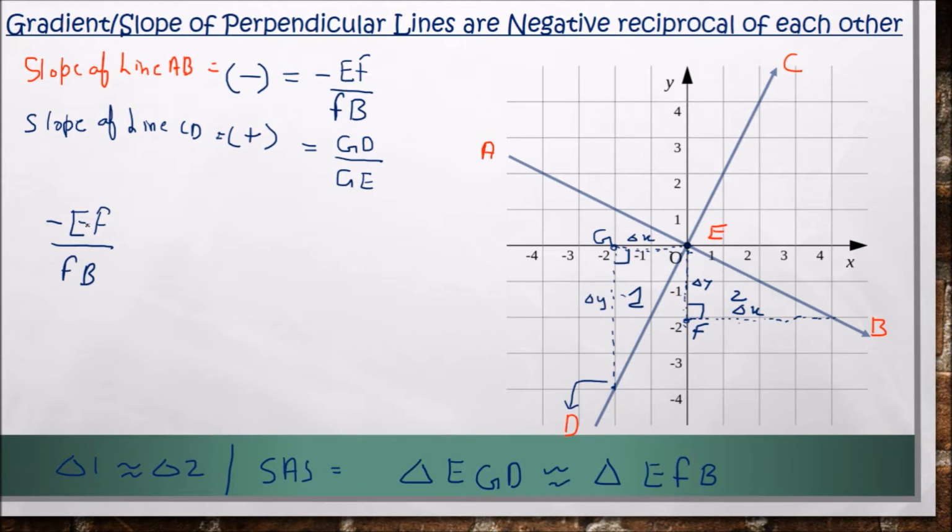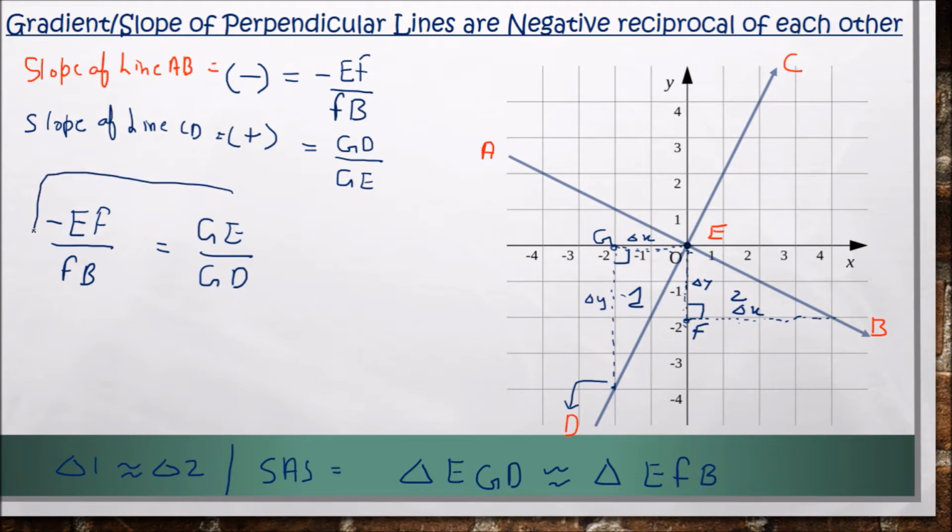Now, EF is minus because change in y is minus because y is decreasing in the case of line AB. Now, since they are negative reciprocal of each other, we can say that EF is equal to GE and FB is equal to GD.